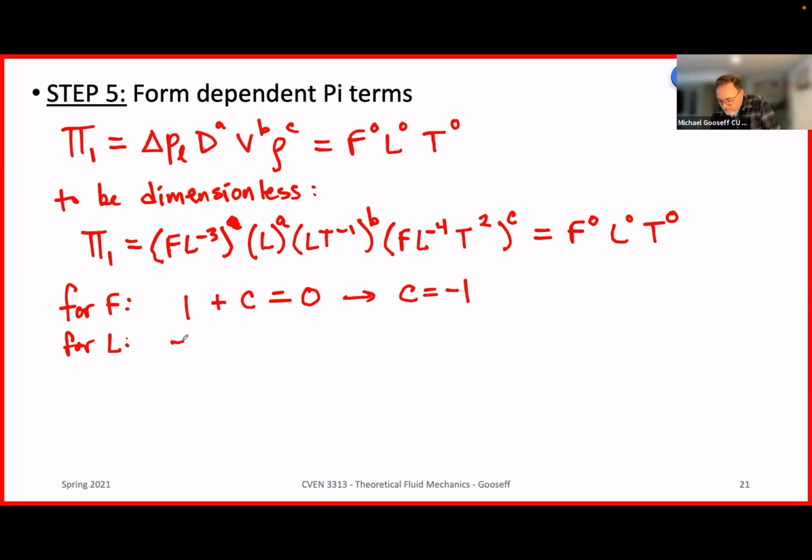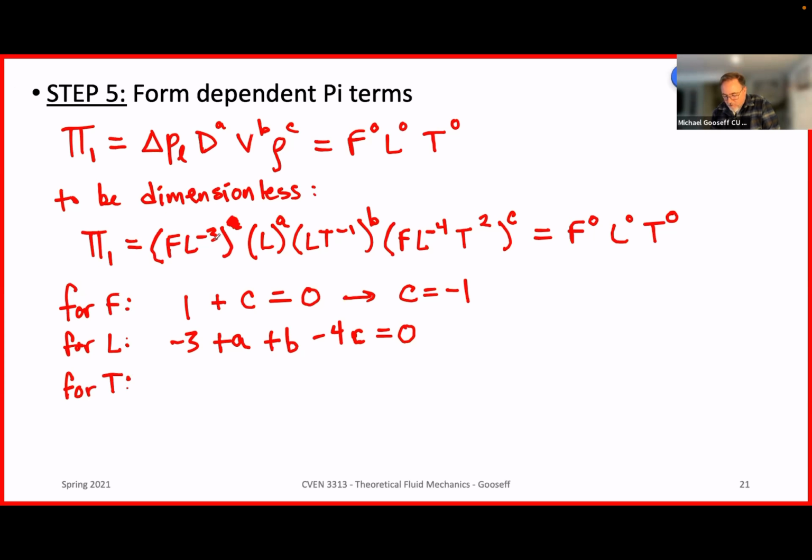And all of that, of course, equals 0. Now, part of the problem here is for length, we only know C, we don't know A or B yet. So we can't quite solve this equation just yet. But not to worry, to the rescue comes T, time.